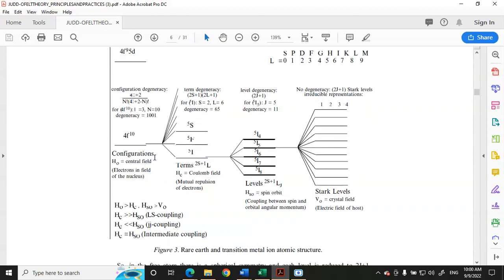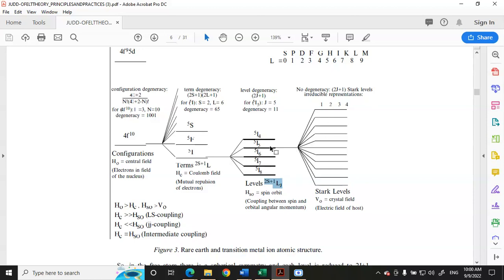There is the central field and then the Coulomb field in the interaction, so the term will be 2S+1 L, and after that we consider spin-orbit coupling. So from the 5S, 5F, 5I is divided into 5I8, 5I7, 5I6, 5I5, 5I4.